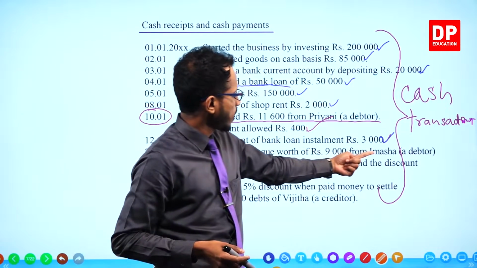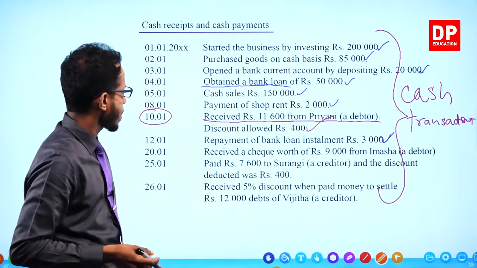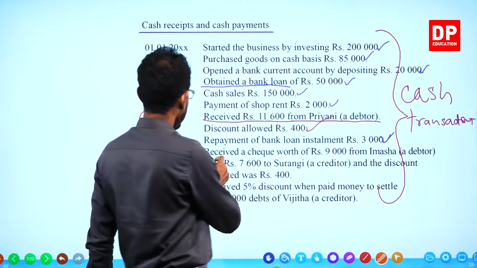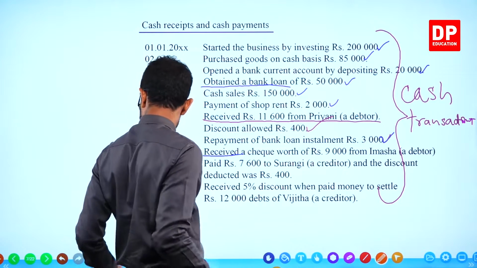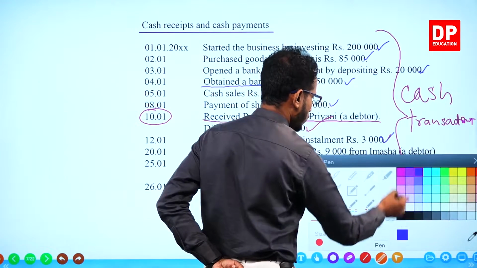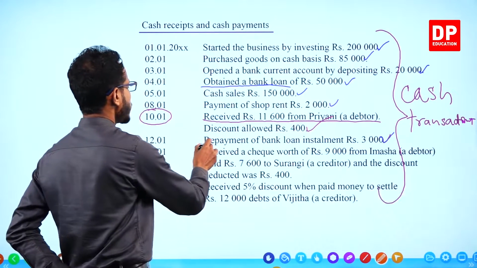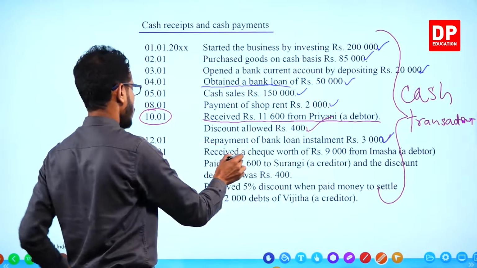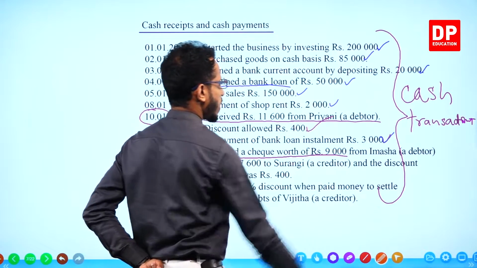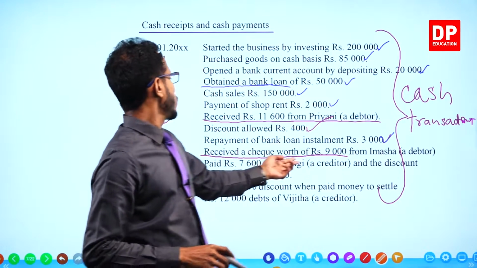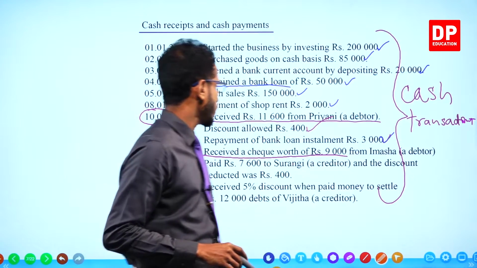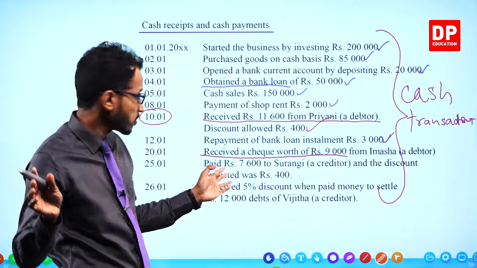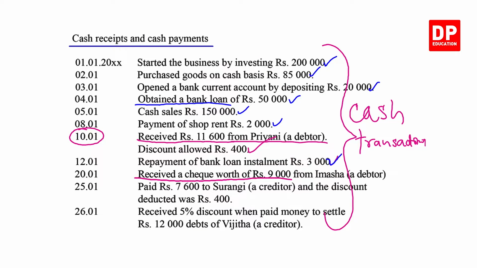Received a check worth 9,000 from Imasha. Let's use the same color for debtors. We received a check of 9,000. From whom? Imasha, a debtor. No discount given? No discount given. We have taken money from Imasha.